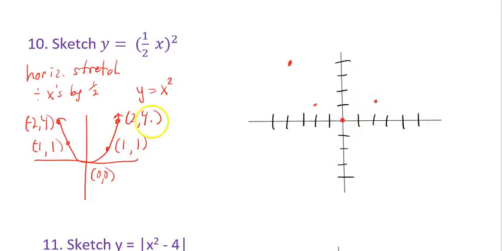And then 2, 4 will become 4, 4. Or if you just do one side, you can mirror image and know what the others are. And then you just connect. If you were to graph this one on your calculator at the same time as you graphed x squared, you would really be able to see that horizontal stretch like somebody pulled it from both sides.